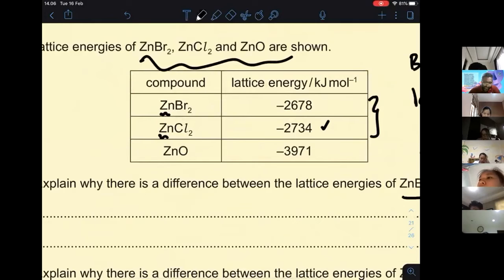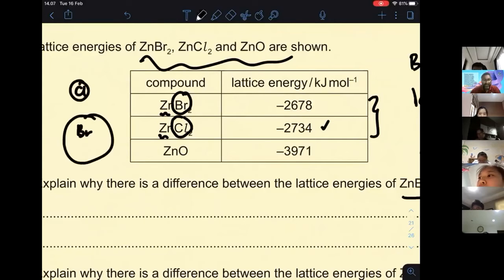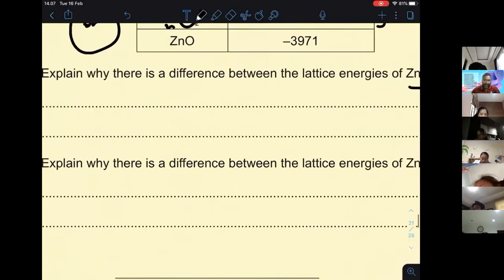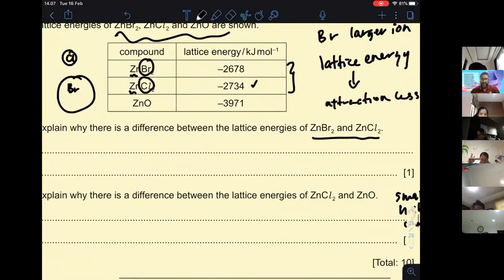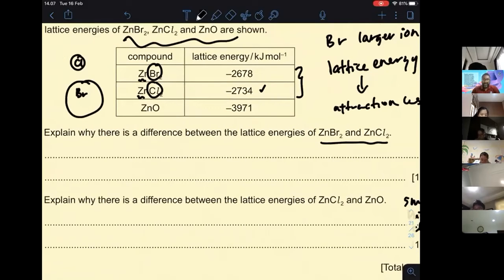And this anion, Cl minus and Br minus: Cl minus is going to be smaller, Br minus is going to be bigger. If you have a bigger ion, the ability to form bonds between zinc 2 plus and Br will be weaker, because they are bigger. So in your answer, you need to mention the size.